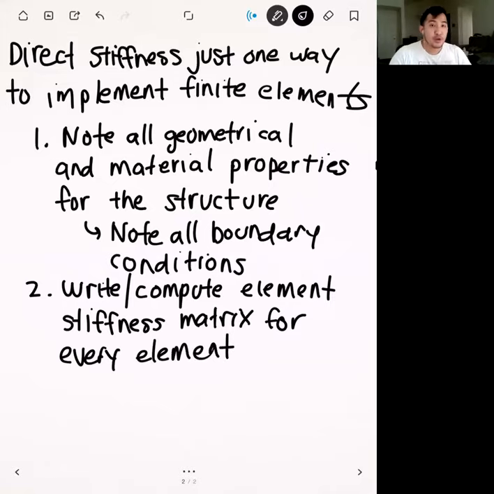For each structural element that we have in our model, we need to write down what its element stiffness matrix is going to be. And of course, which element stiffness matrix we use depends on what type of element it is.